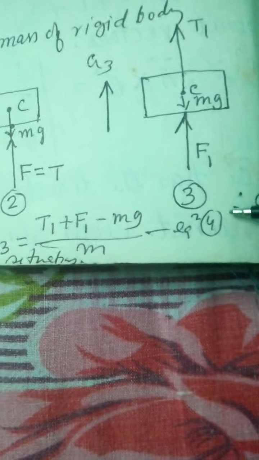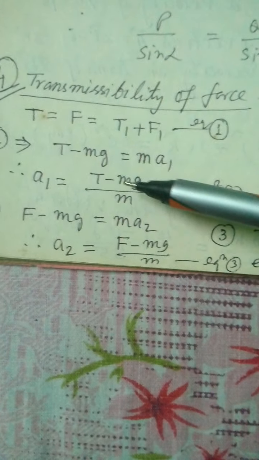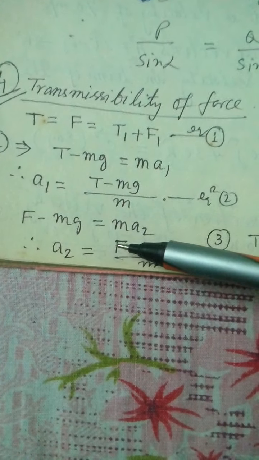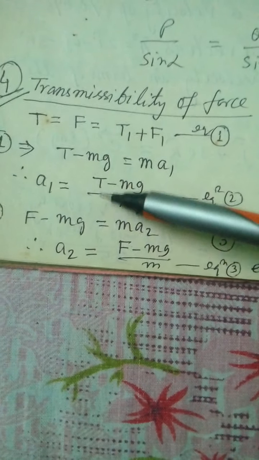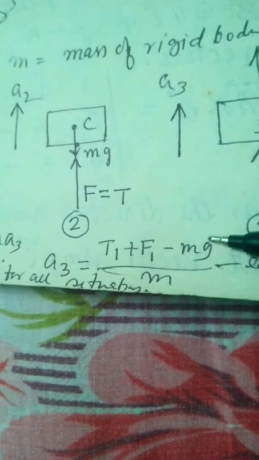That's equation 4. Now if you see these equations, we can say that a1 is this one, a2 is this one. Here F is equal to T, so a1 must be equal to a2. And for a3, T1 plus F1 is equal to T, so a3 is (T minus mg) by m.